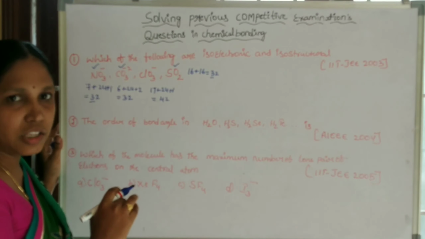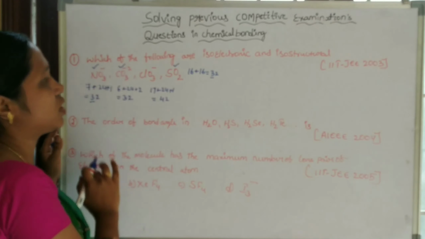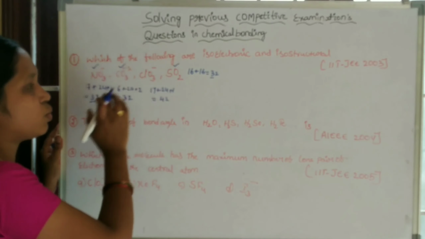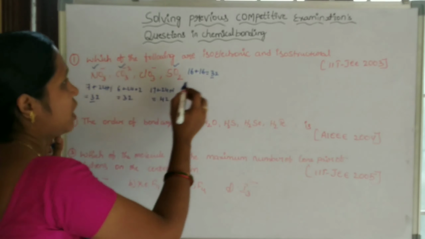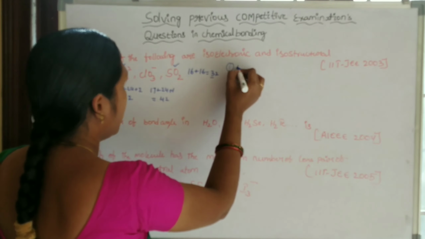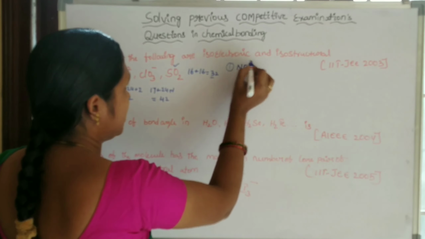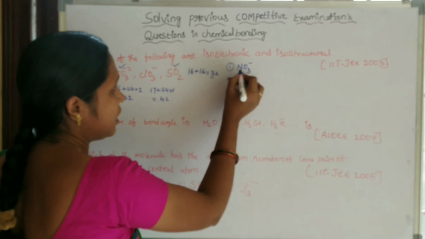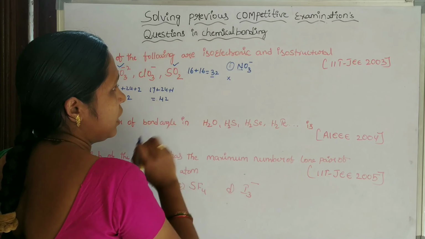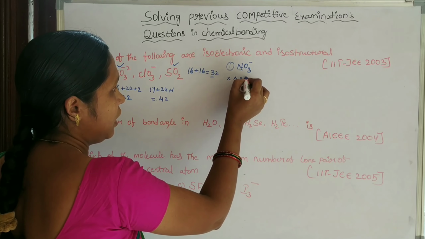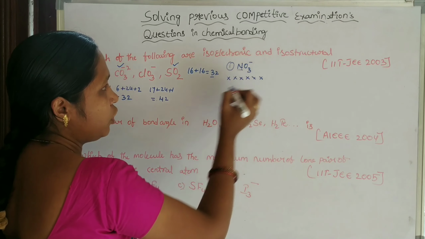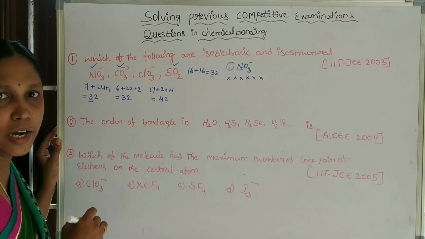Now we see the structure of these three molecules: NO3 minus, CO3 2- and SO2. See the first one, NO3 minus. The nitrogen central atom is a fifth A group element, so it takes 5 electrons, and the ion carries 1 unit negative charge, so add 1 electron.